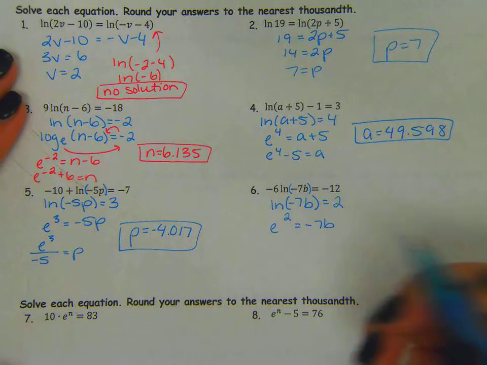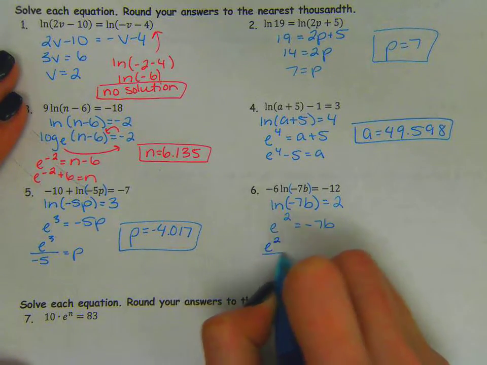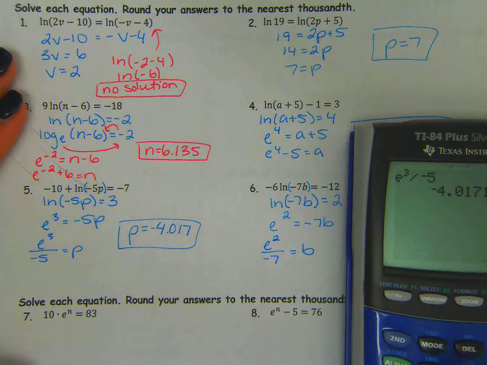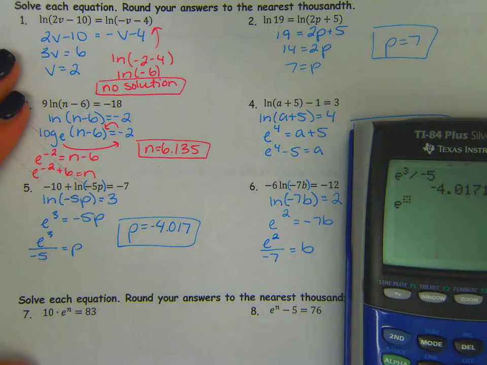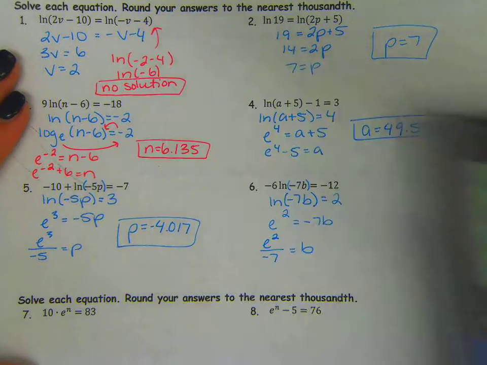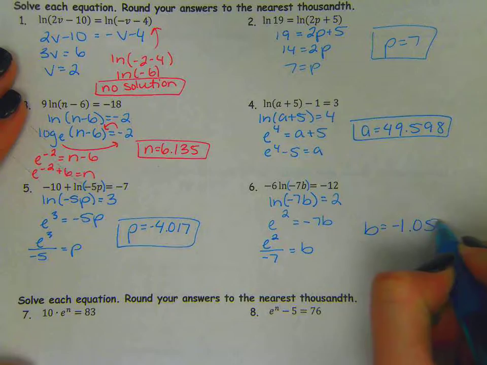I have to divide both sides by negative 7. e to the second power divided by negative 7 equals b. Calculator, e to the 2 divided by negative 7, we get negative 1.056. So b equals negative 1.056.